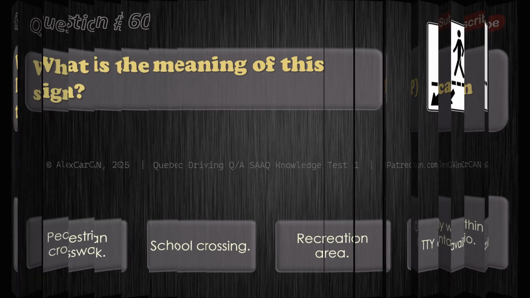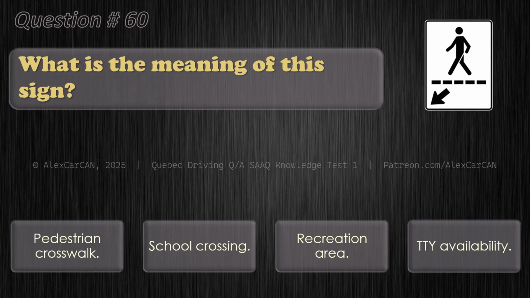Question number 60. What is the meaning of this sign? Pedestrian crosswalk, school crossing, recreation area, TTY availability. The correct answer is pedestrian crosswalk.